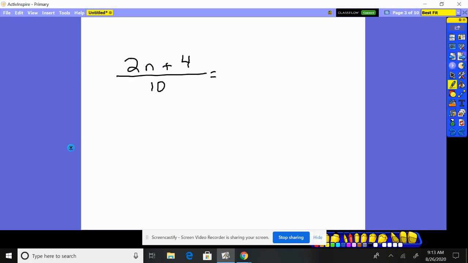Well, this time I'm giving you the answer and I want to break it back down to what the question was. So this would have been 2n over 10 plus 4 over 10. That's what we would have had. Well, notice that we can simplify each of those fractions. 2 and 10 both can be divided by 2, so they become a 1 and a 5.